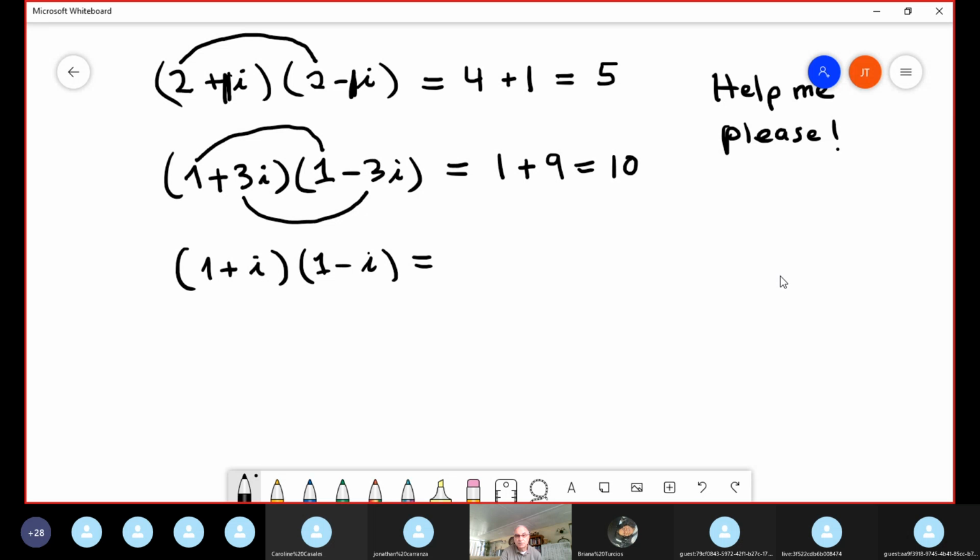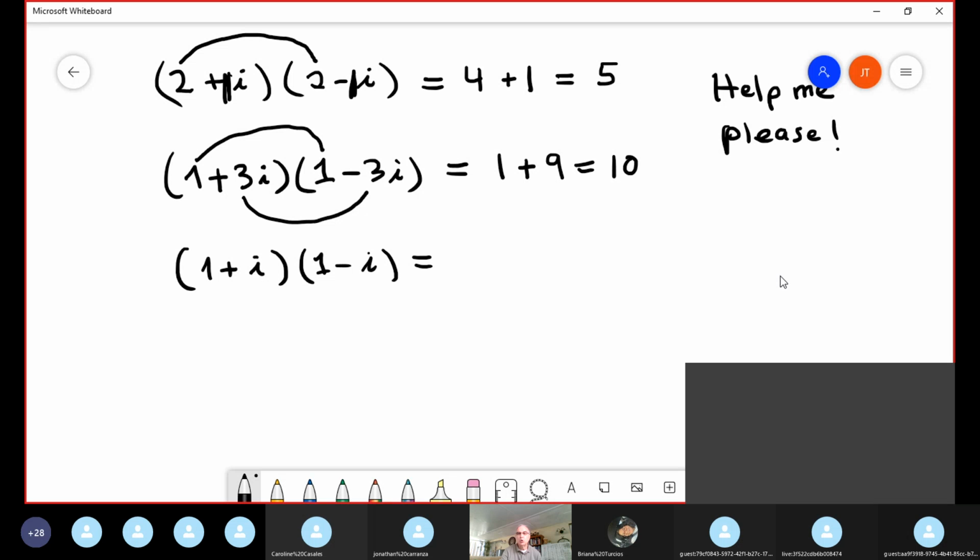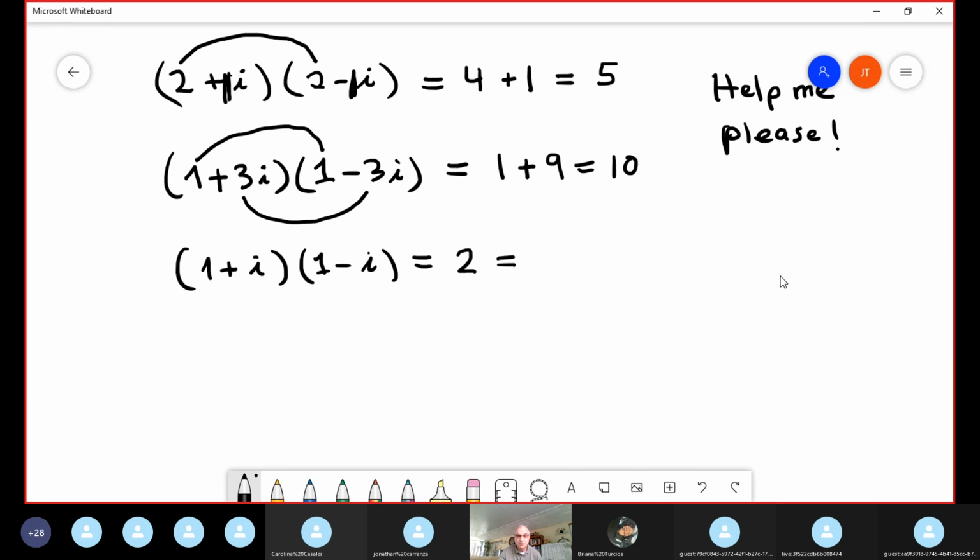Totally lost? 2. Sabrina. Very well, Sabrina. Sabrina says 2. The answer is 2. Why is it 2? Because 1 times 1 is 1. Always plus. And this invisible 1 and this invisible 1. I don't care if it's positive or negative. It's 1. This is the formula, guys. The answer is 2. Super.